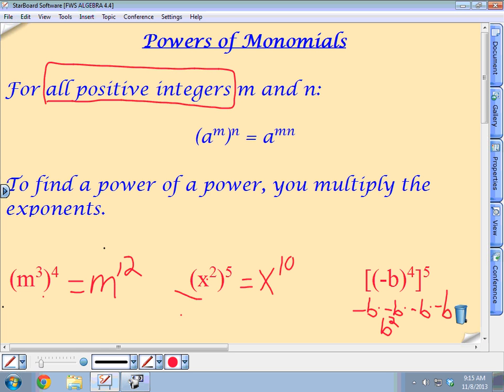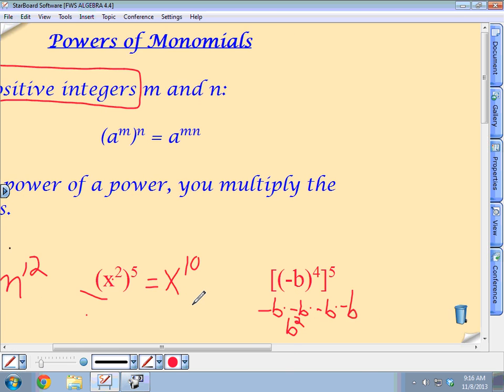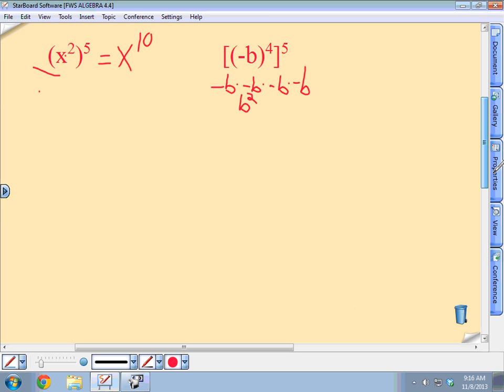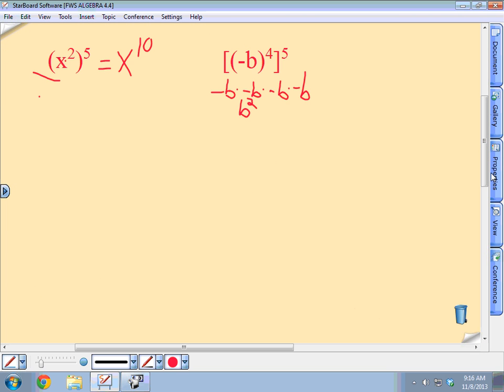Negative b cubed. Okay, so now it's negative b cubed. And Shay, what do I have when I multiply negative b cubed and negative b?